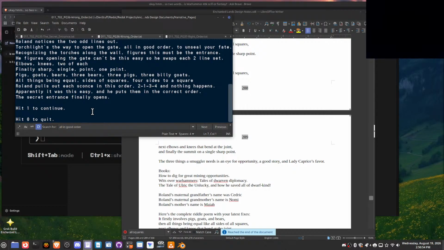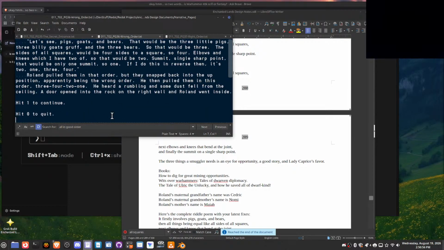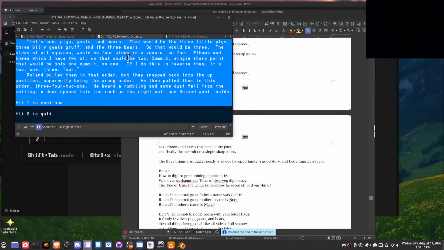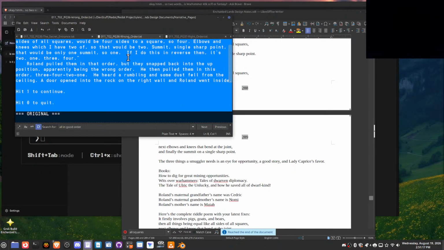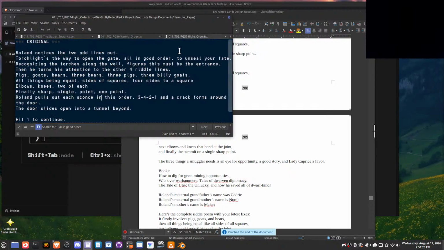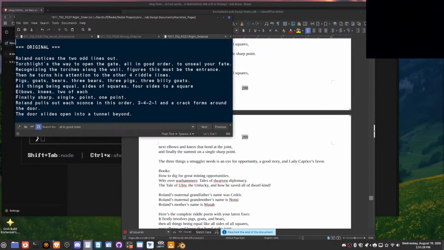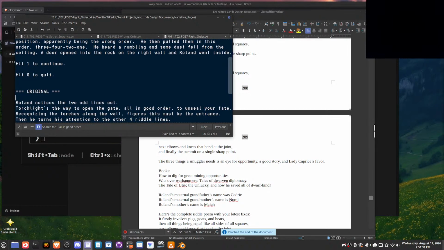Okay. So now we do the right order. We do the same thing here. Control C. The door slides open. This one doesn't; it just opens. Okay.